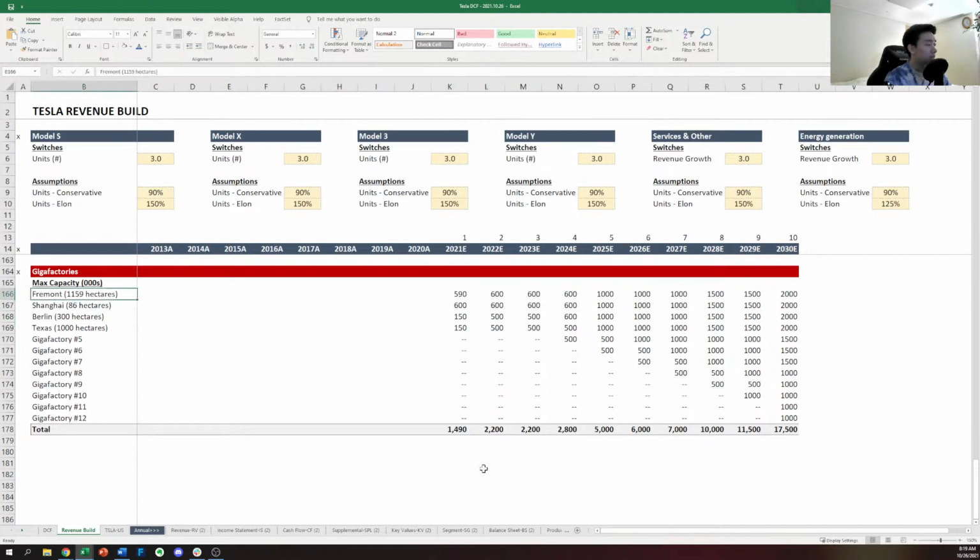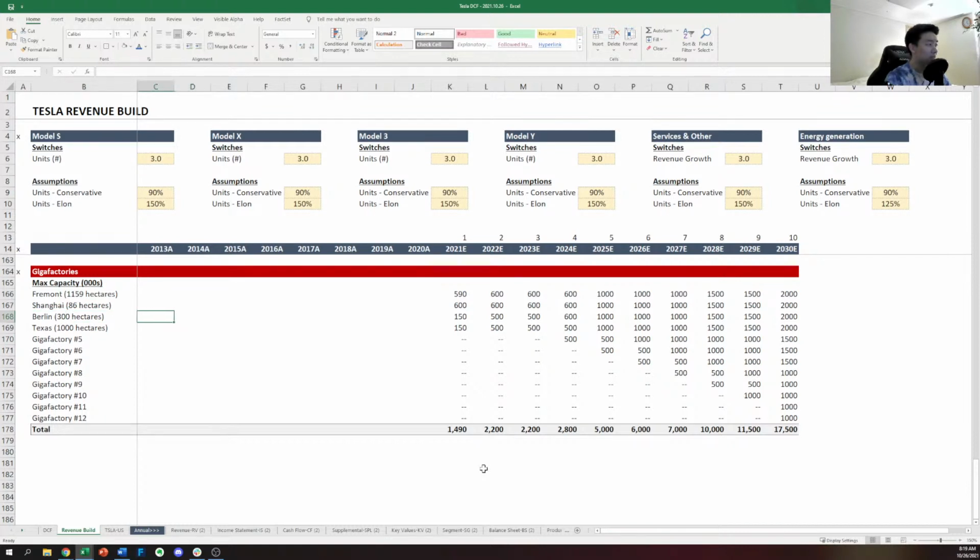I also got the hectares, because I know that a lot of these Gigafactories can be expanded to add more production capacity. So I thought it'd be helpful to look at how big they are.